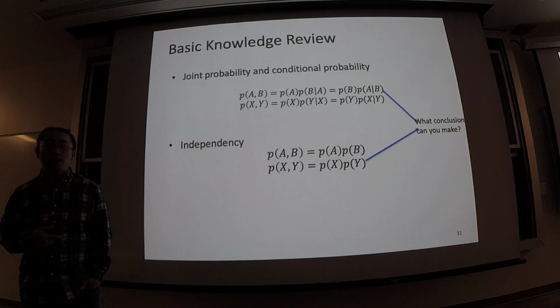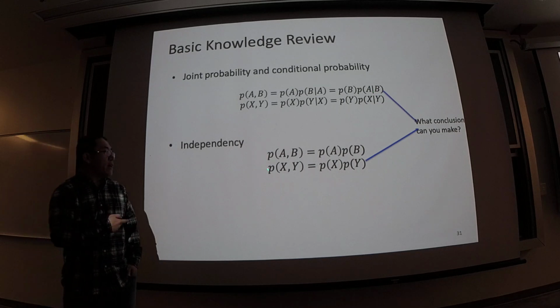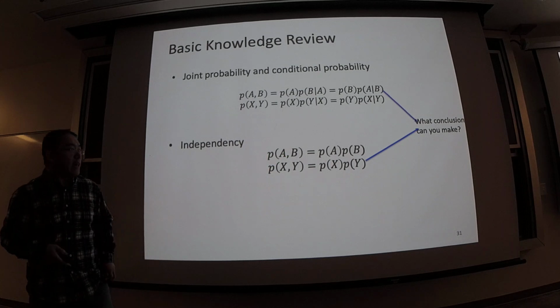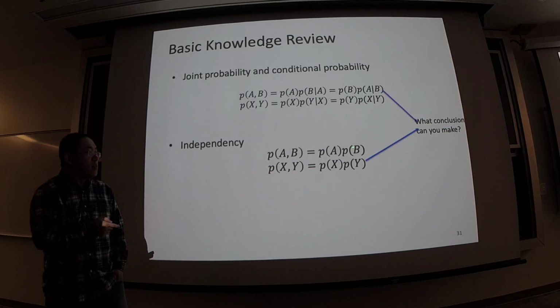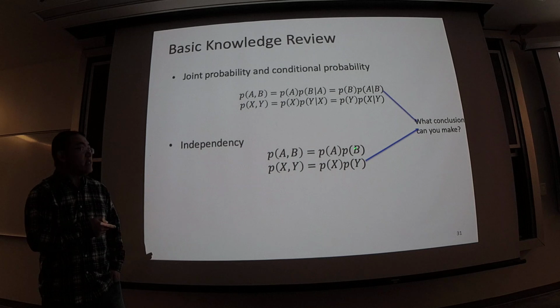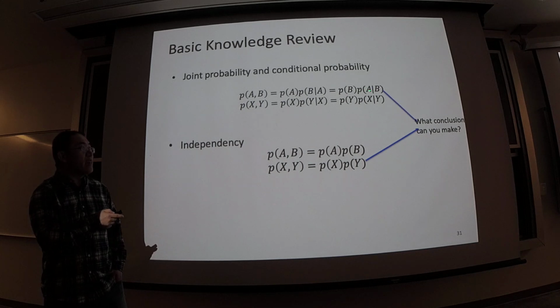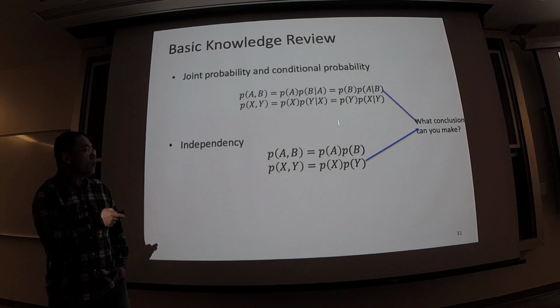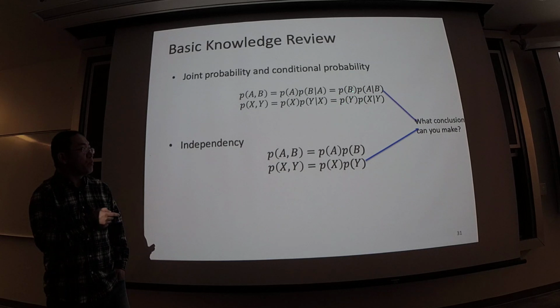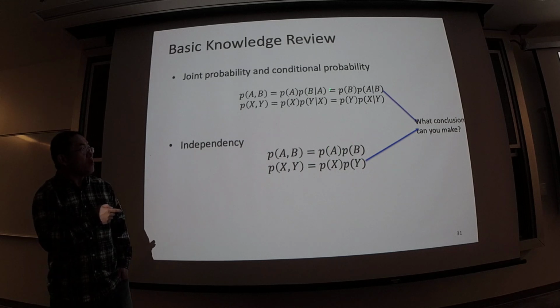Right? So if A and B are independent, it means that the probability of B is equal to the conditional probability of B given A.